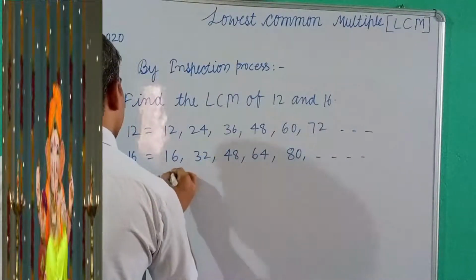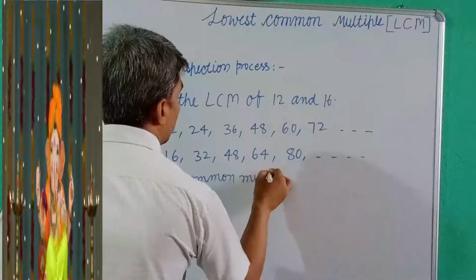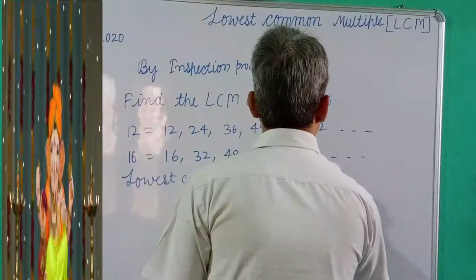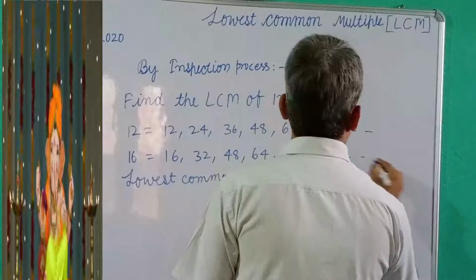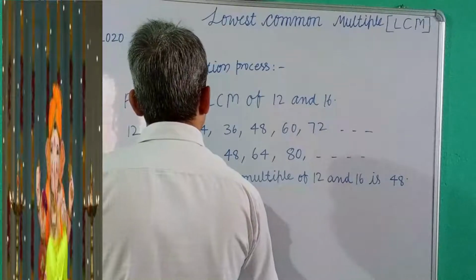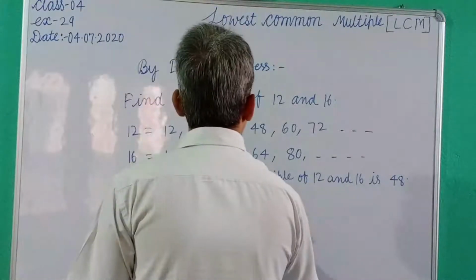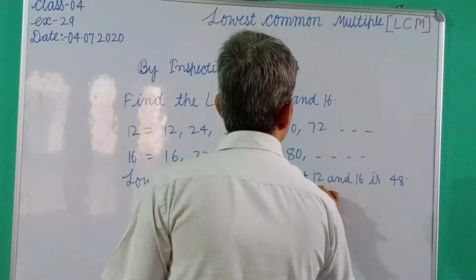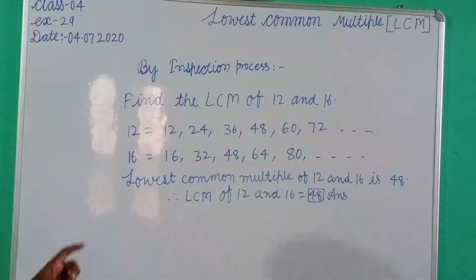The lowest common multiple of 12 and 16 is 48. So the LCM of 12 and 16 is equal to 48. In this way, you find the LCM of small numbers.